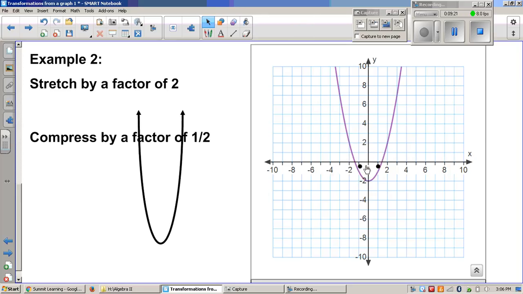Now these look like they're really, really close together, so it might be a good idea to take this point from the original function. That's 2 units away from the x-axis. Cut that in half, takes me there. And then same on the other side. So now I've got something that again is wider than the original.